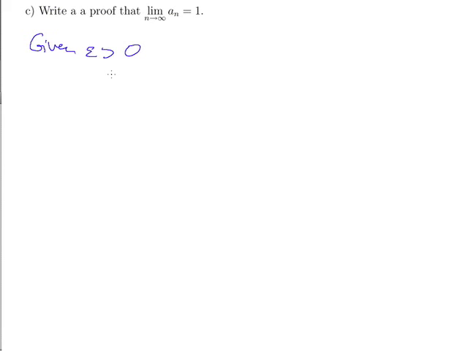We need to show that for every epsilon we have such an N with such the condition holds. So we start, we are given some epsilon, we let big N, and here we just copy what we calculated in our auxiliary calculation, the fourth root of 1 over epsilon.